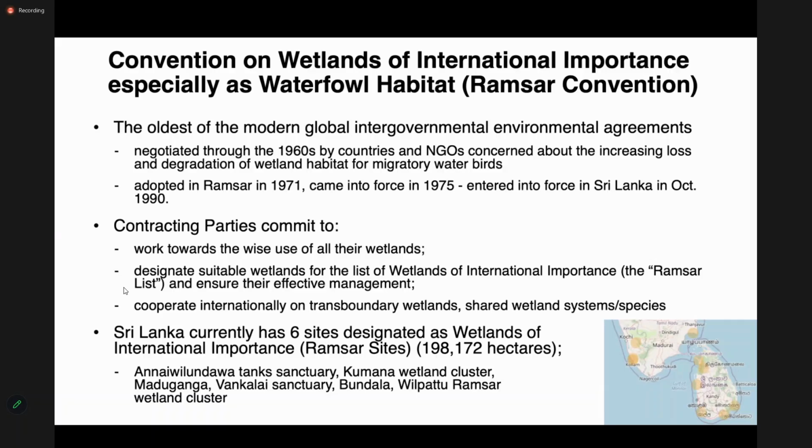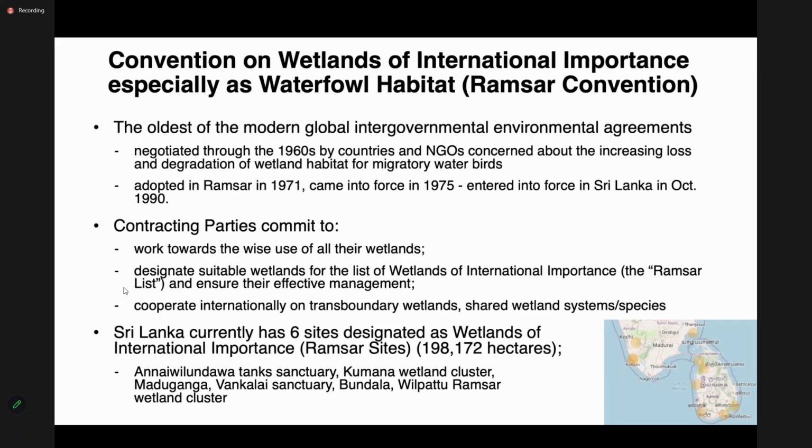So basically, parties to this Ramsar Convention, we are committed to wisely using our wetlands. Wetlands designated as important, we have to make sure that these ones are effectively managed.